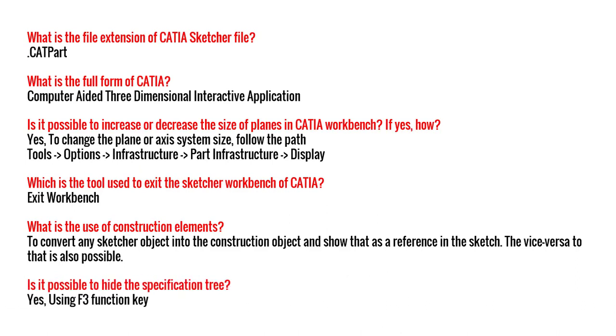Next question can be, is it possible to hide the specification tree, or history tree, or feature tree, which is available on the top left corner? Can we hide that? Yes, we can hide that.